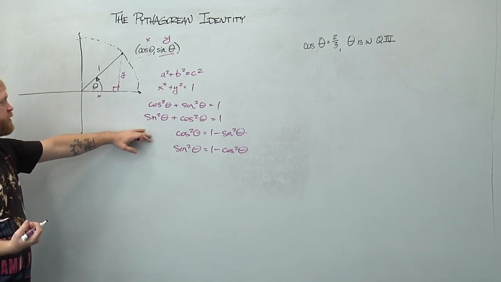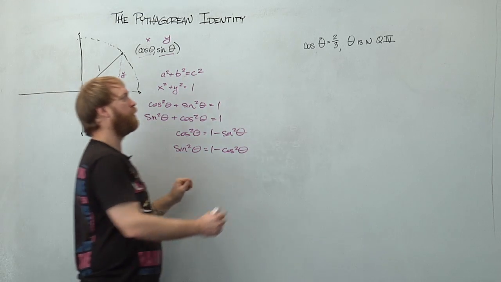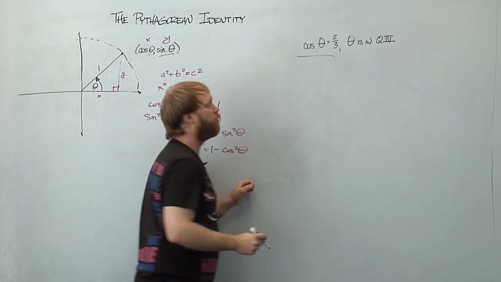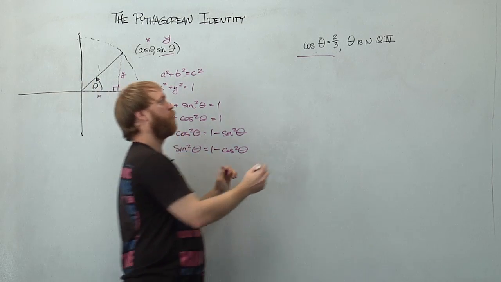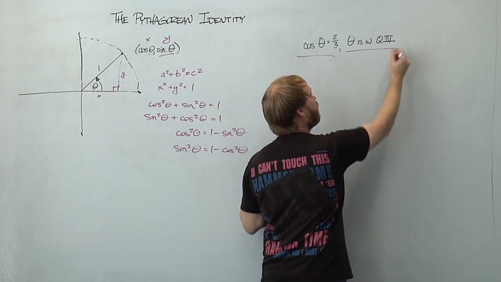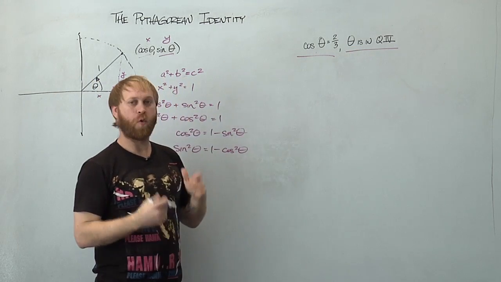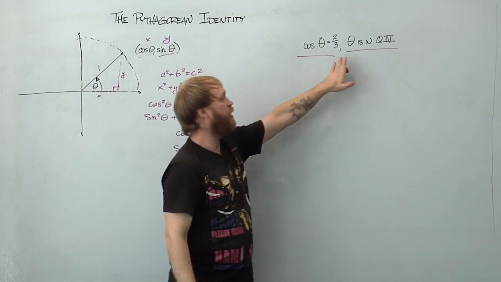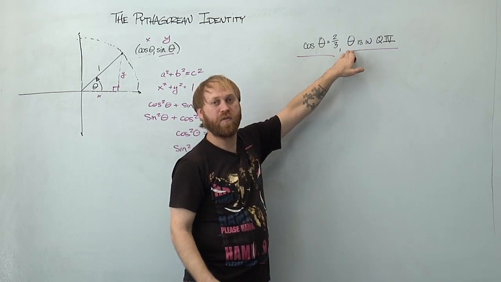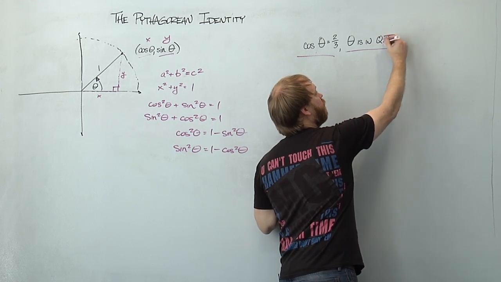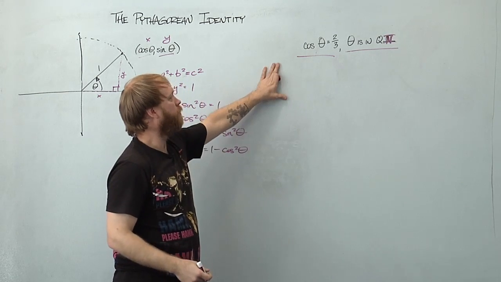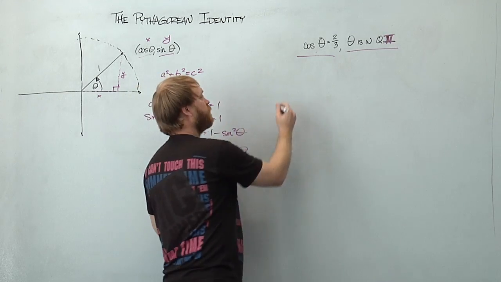So how can we use this? Well, if we're given cosine theta equals 2/3, and because of the squaring, it's also important to know where the terminal side of the angle lies, which quadrant. So here, the terminal side of theta is in quadrant 4. That's a 4, trust me. So I'm going to do a little sketch.